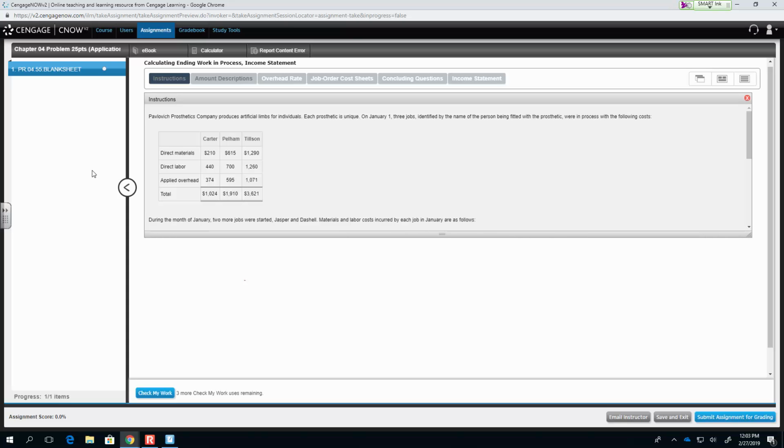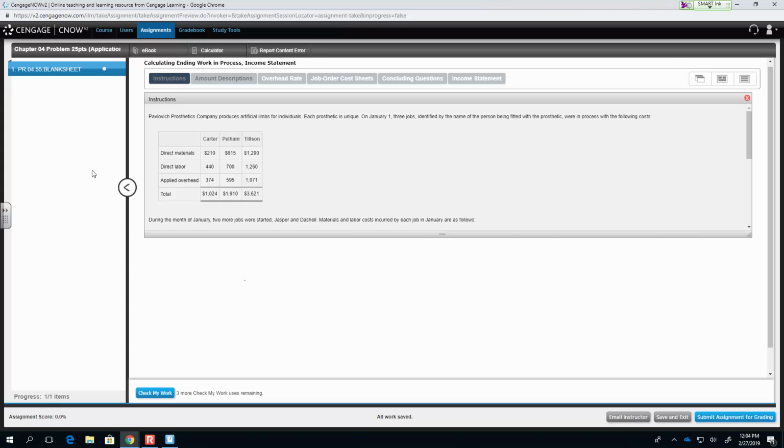What is the predetermined rate? What I would like you to do is, for Monday, tell me what the predetermined rate is using this data that I'm showing now, which is on page 205.